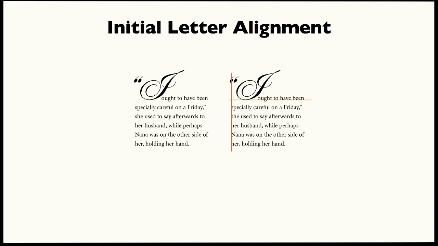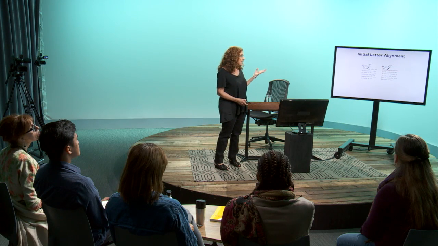Okay, so if you imagine there was another letter there, O-N-C-E, that's where the quotes are positioned in this font. But when you put it next to a cap, it looks too low. And in my personal opinion, in this instance, I thought it looks a little bit too big.